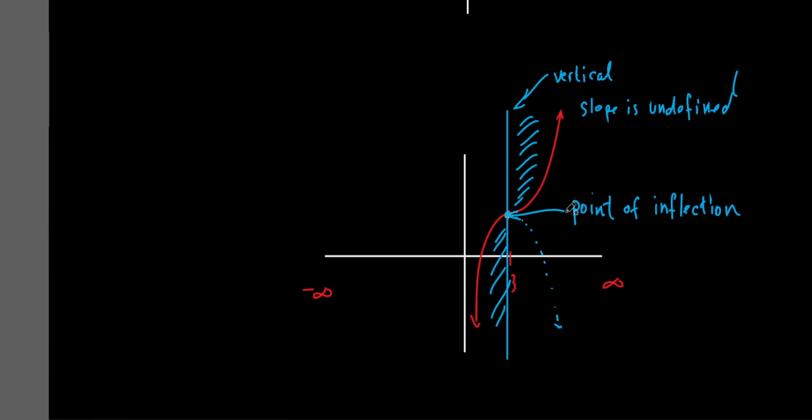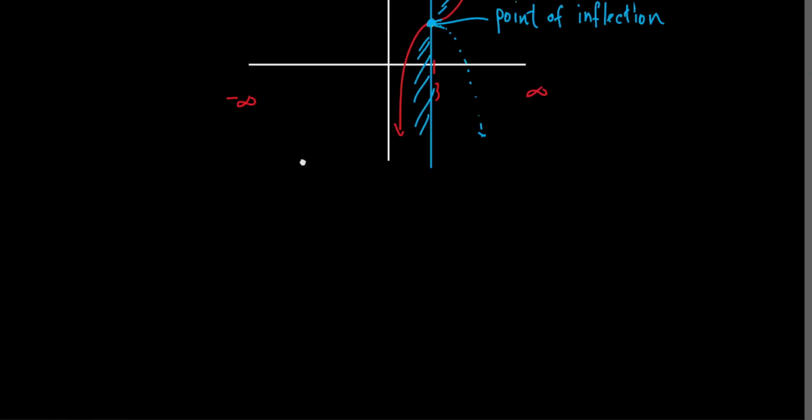So a point of inflection has a vertical line, and the slope is undefined, so this is still a critical point. So we got 3 critical points: a maximum, a minimum, and a point of inflection. I think that's all the critical points that we have, but we're going to get a little bit more detailed about those maximums and minimums.